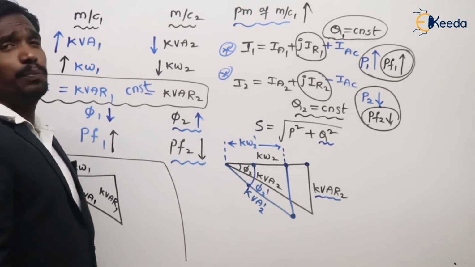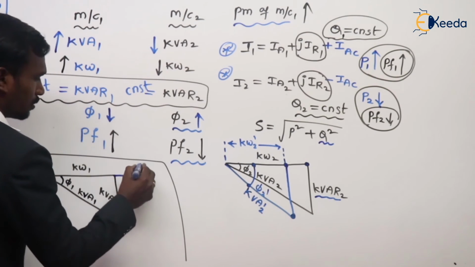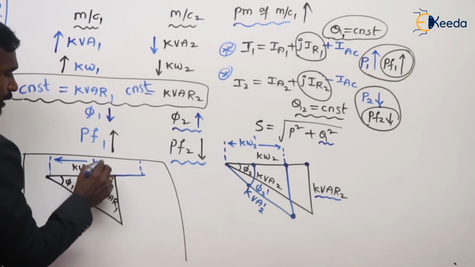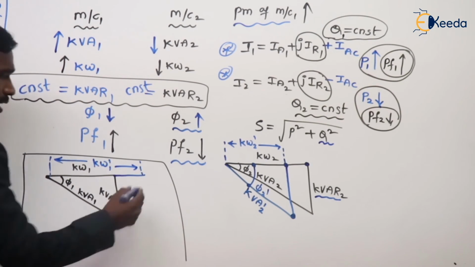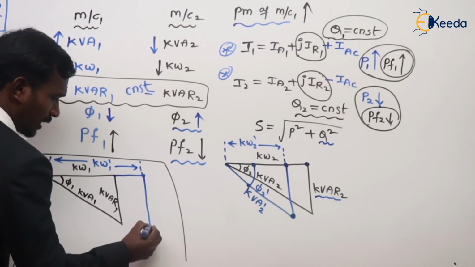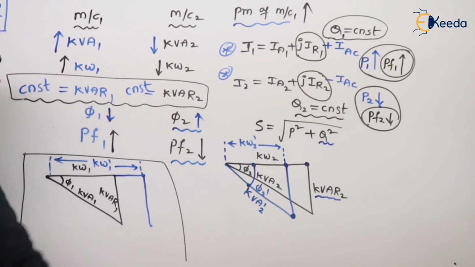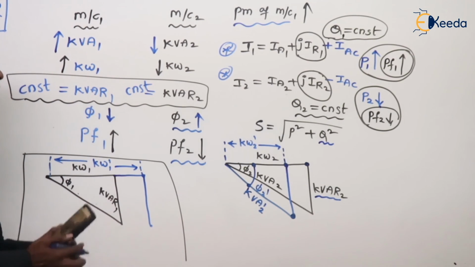When the prime mover input of machine 1 increases, then the kW also increases from kW1 to kW1 dash. And the reactive power has no change. This is the reactive power, there is no change in magnitude.